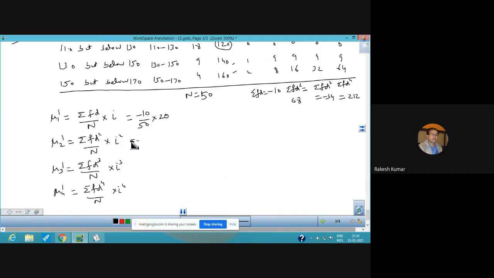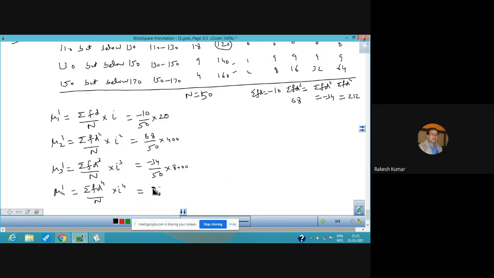Similarly, you can put the values in the formulas. It comes out to be 68 divided by 50 into 400, that is minus 34 divided by 50 into 20 cube, and 20 cube is 8000.